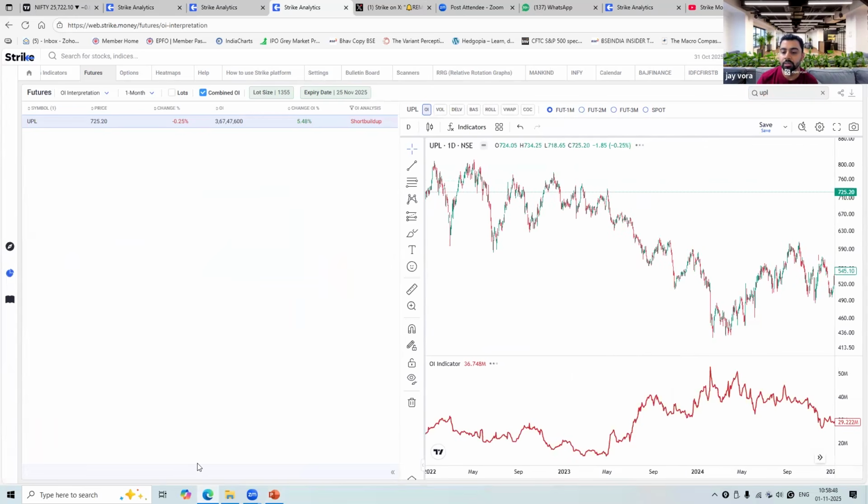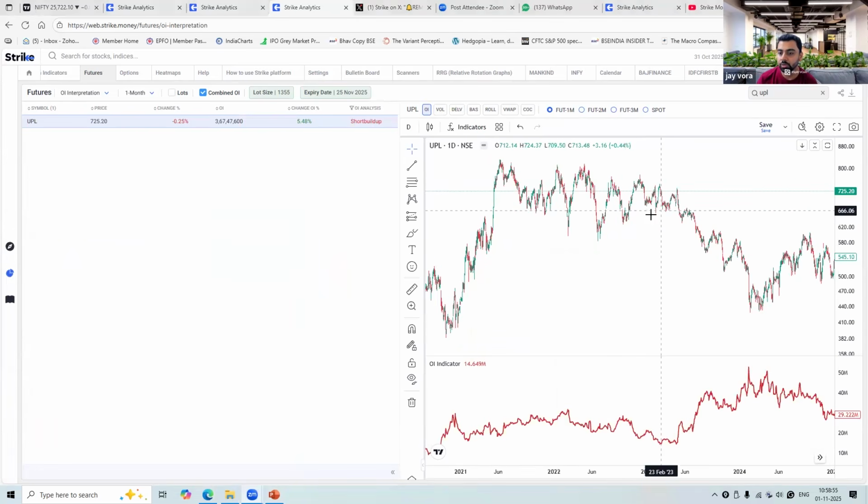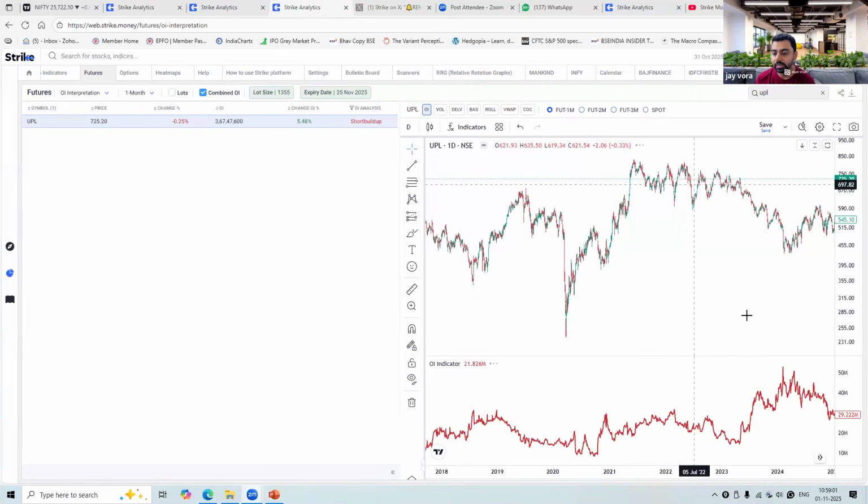So what was happening was that this stock was falling, and you can see over here that there was this pattern that was forming, and in the decline that started, the shorts had already started to build up, right?